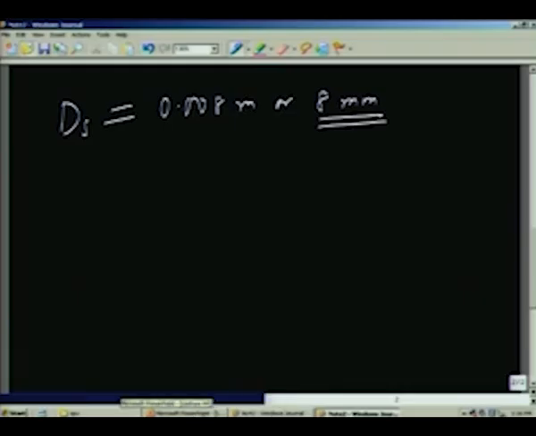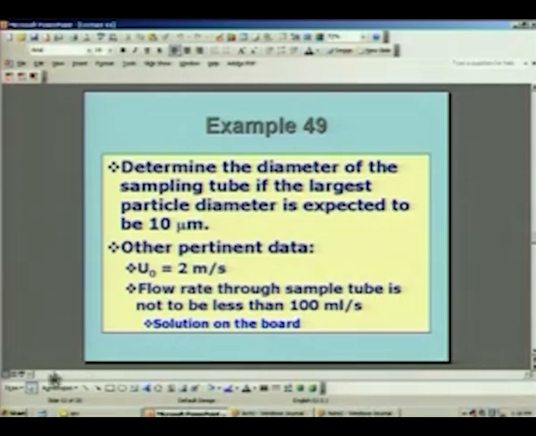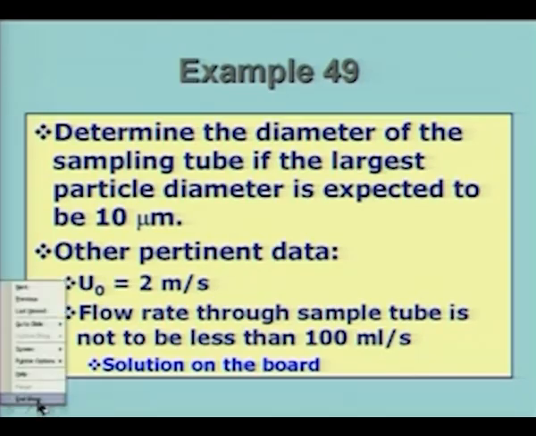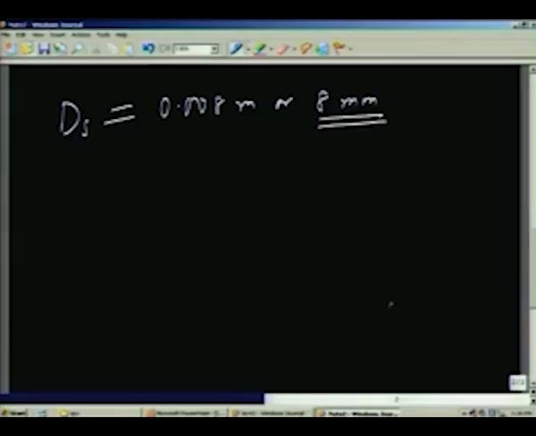Let us look at what we can do with the sampled gas. Let us look at the possibilities. One possibility is to collect the particulates only.